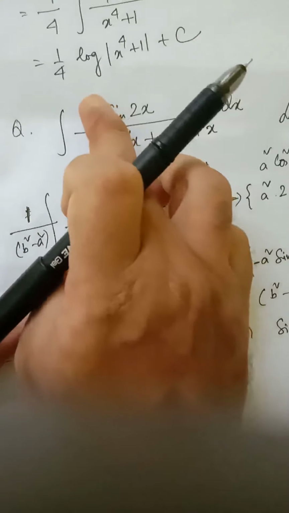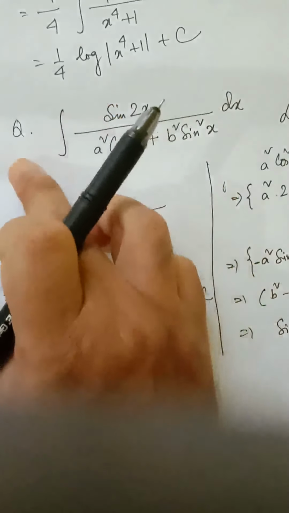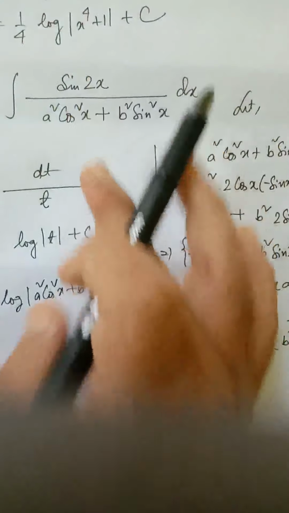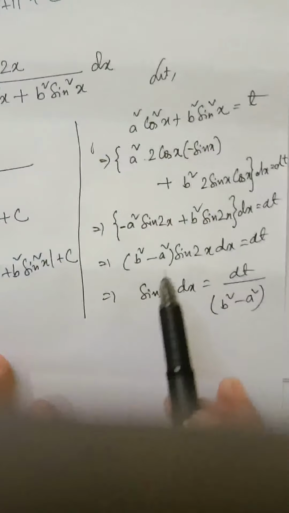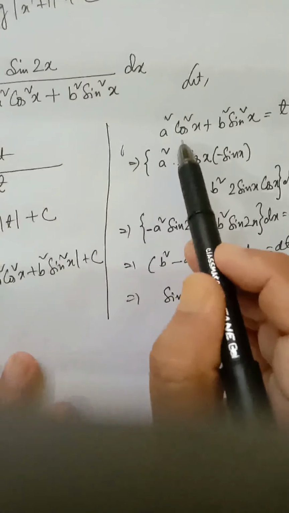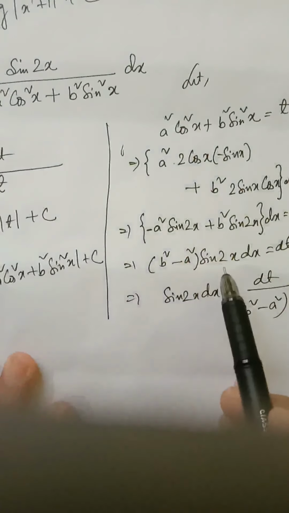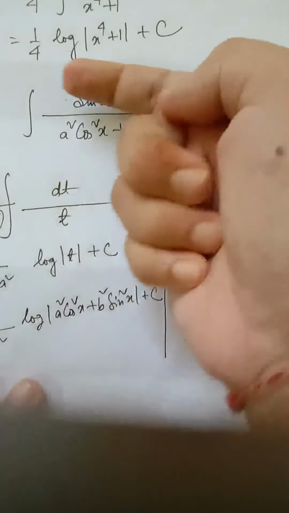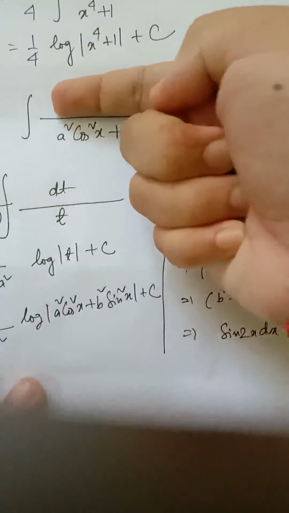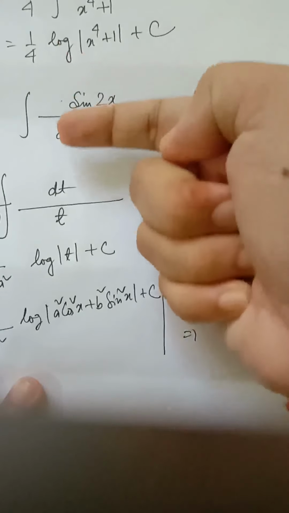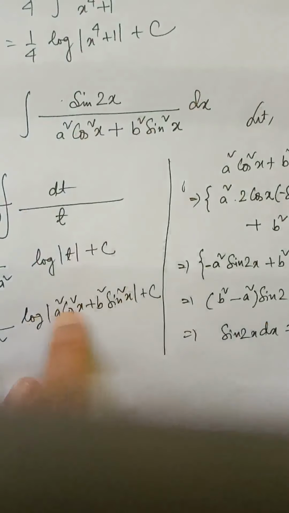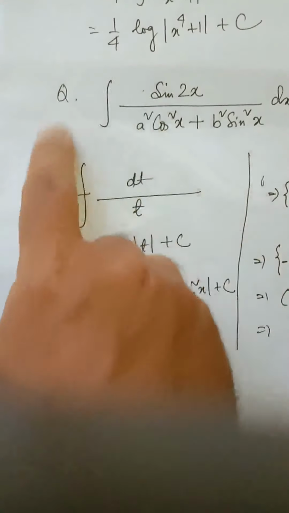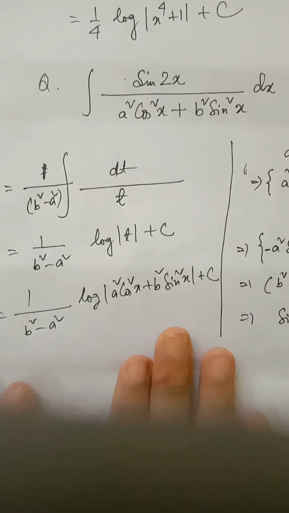If we multiply this numerator and denominator by b square minus a square, this integral will be of the form f dash x by f x, because the derivative of the denominator is this. So our numerator will be the derivative of the denominator. So f dash x by f x gives log of f x, and 1 by b square minus a square will already be there, because you have to adjust b square minus a square. So that way also you can do it directly.